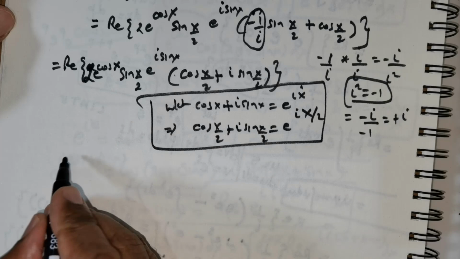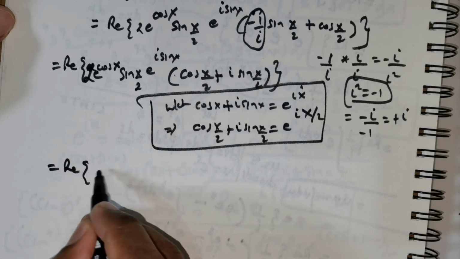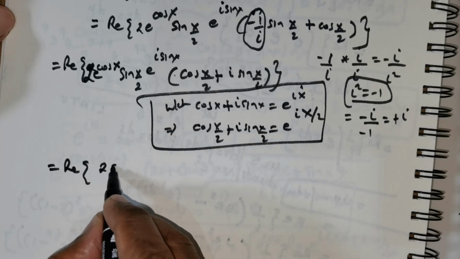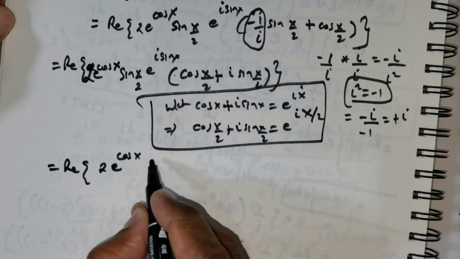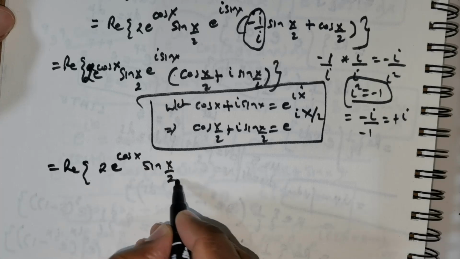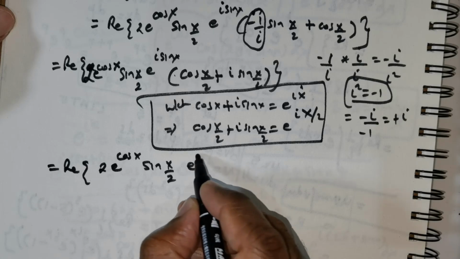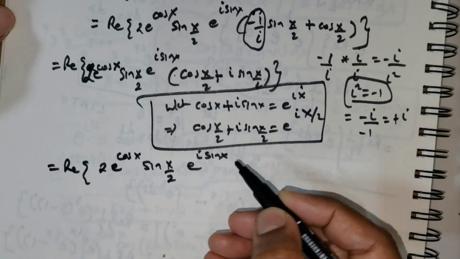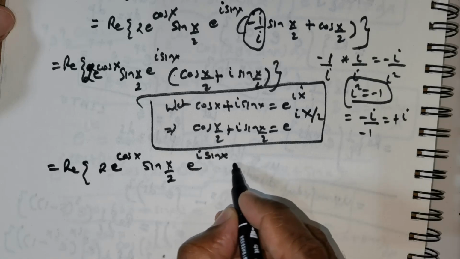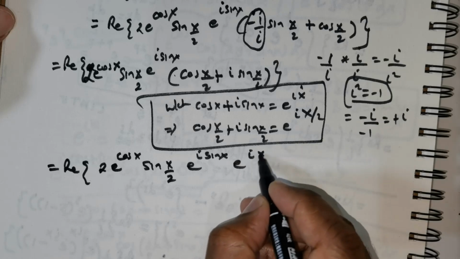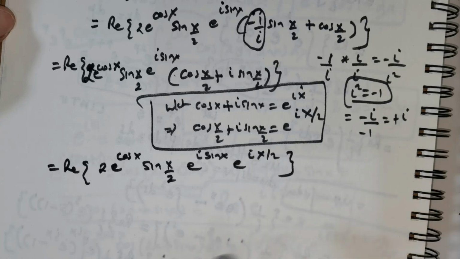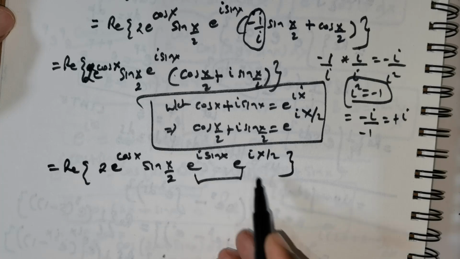So this can be rewritten as the real part of 2 times e raised to the power of cos x times sin x over 2 times e raised to the power of i times sin x times e raised to the power of i times x over 2. Right? Now I would like to club these two together.